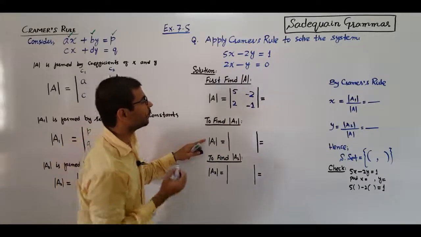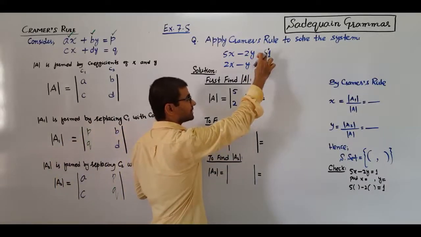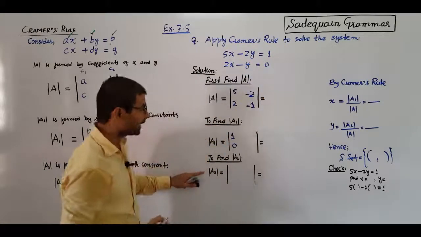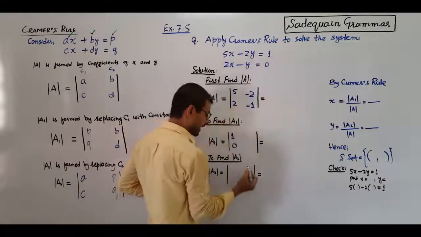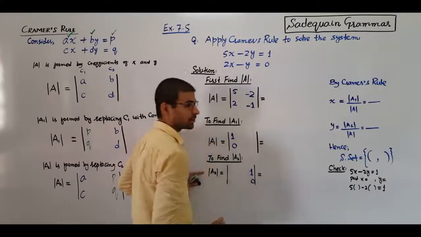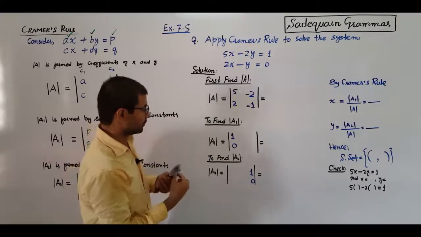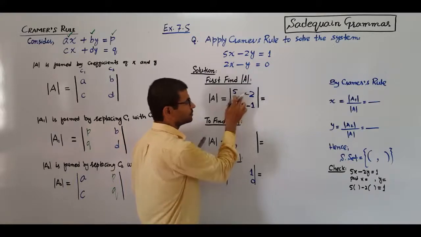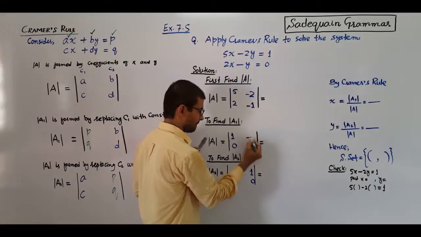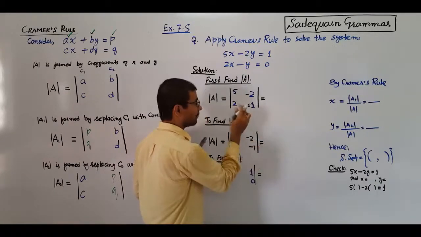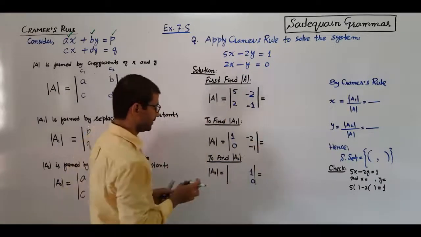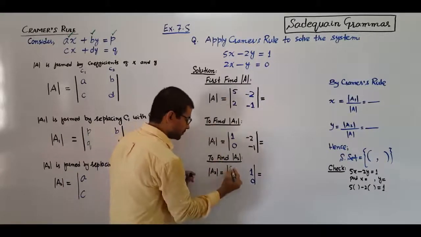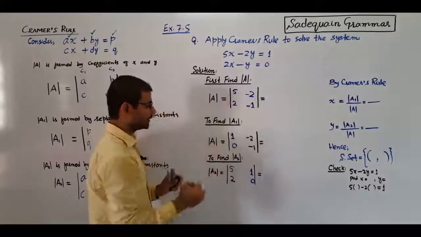Now the A1 determinant. For the A1 determinant, we have to substitute the constants 1, 0 in the first column, and for A2, the constants are in the second column. So here the elements of C2, minus 2 and minus 1, remain the same from the original determinant A. Or here the elements of C1, 5 and 2, remain the same from the original determinant.